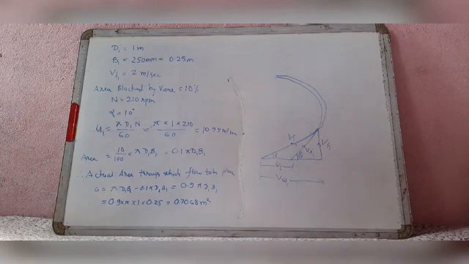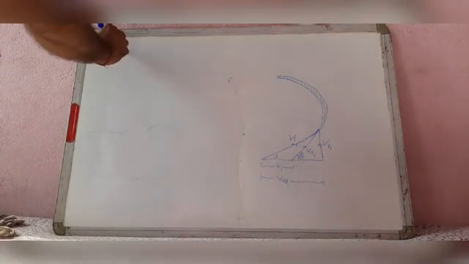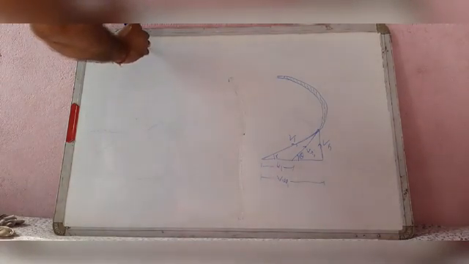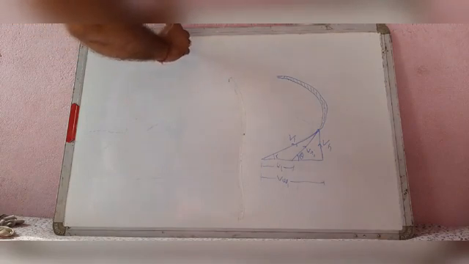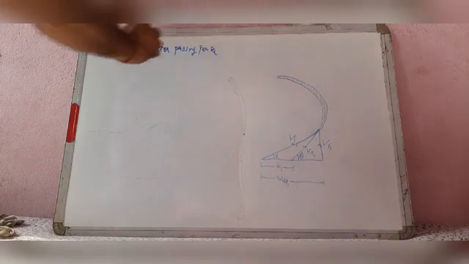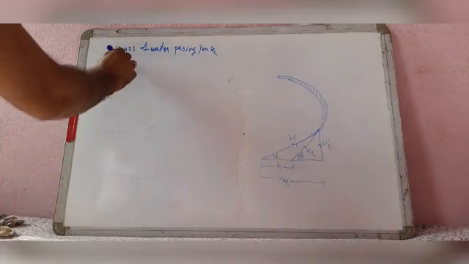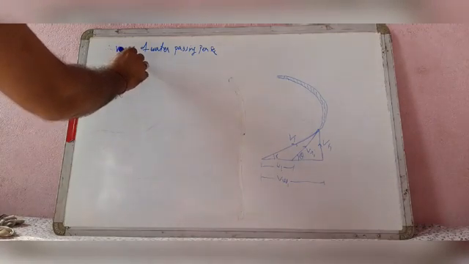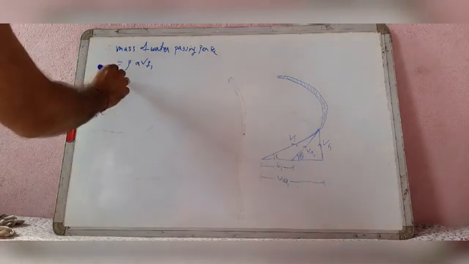Now we have to calculate the mass of water passing per second. So mass of water passing per second is rho A Vf1, putting the values here.